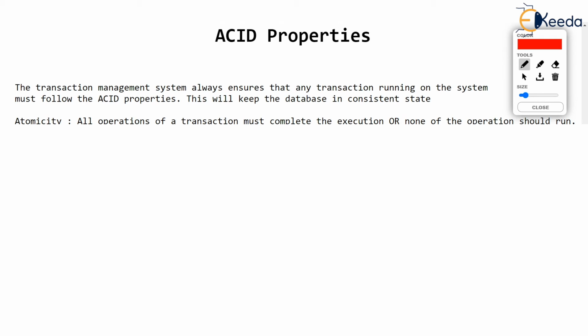Whatever changes have been committed are committed finally. And once the commitment has been done to the database, those changes cannot be altered again later. Of course, they can be altered by another transaction, but we can't just open the database store and change the values which have been committed. What it means is that the changes done once by any transaction to the database must be permanent.